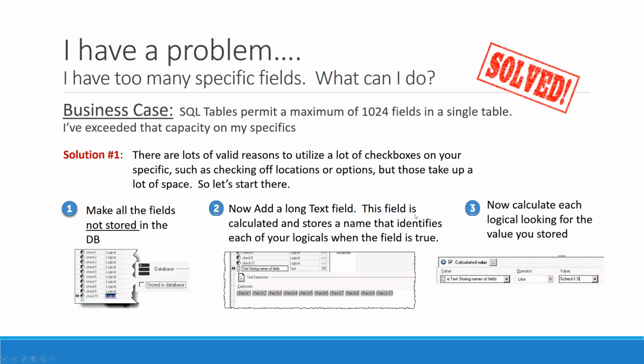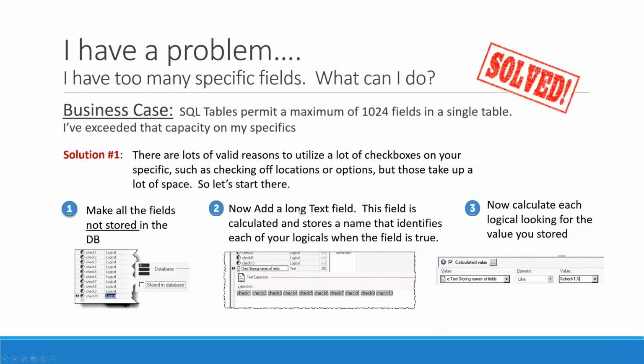And now you're going to make sure that that field is calculated, and you're going to go through this exact same process for all of those fields that currently exist with data. Because you don't want to lose your data. You may have valuable data and you don't want to lose it. So you want to go through this step and add this calculation and add all of those things in.